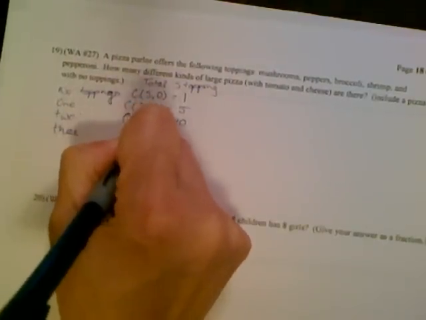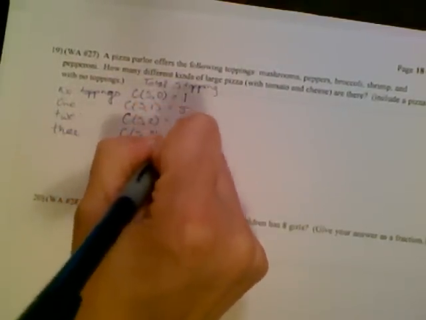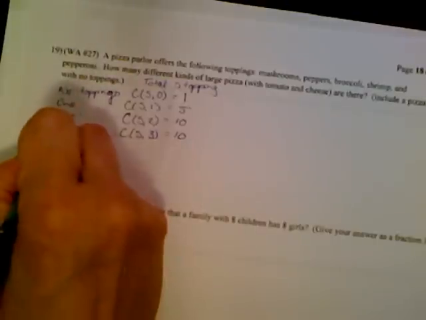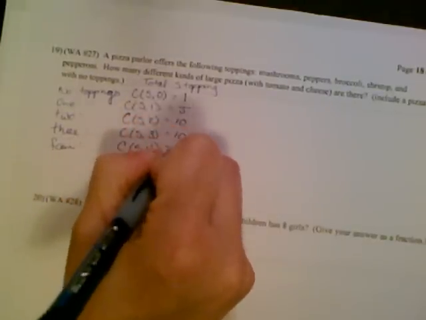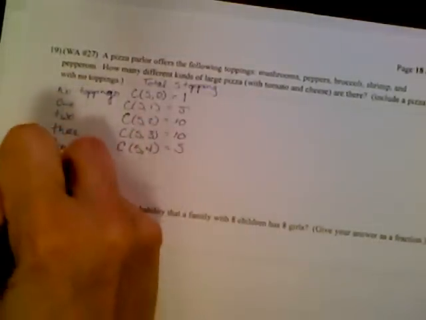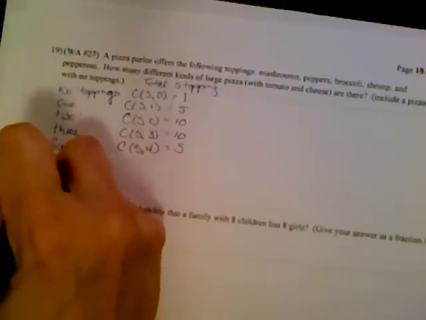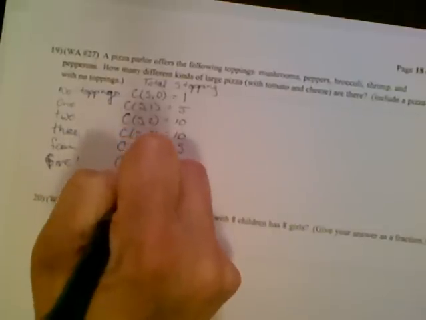For 3 toppings, 5 choose 3, which is 10. For 4 toppings, 5 choose 4, which is 5. And for 5 toppings, we have 5 choose 5, which is 1.